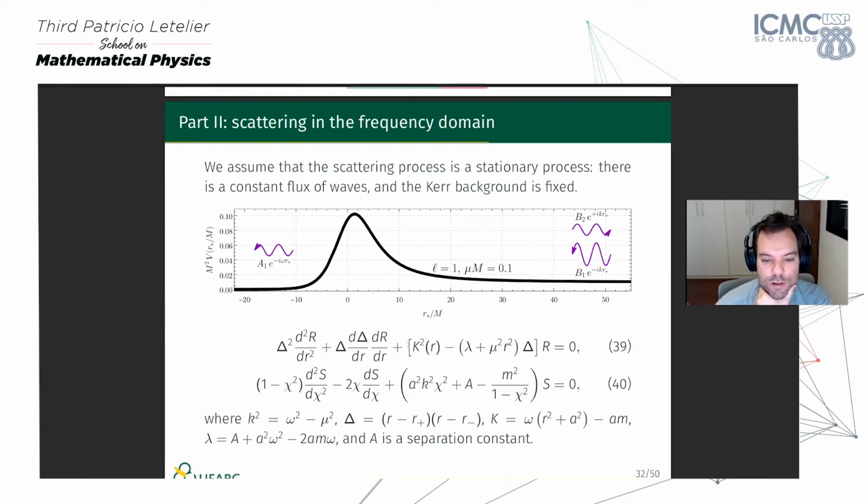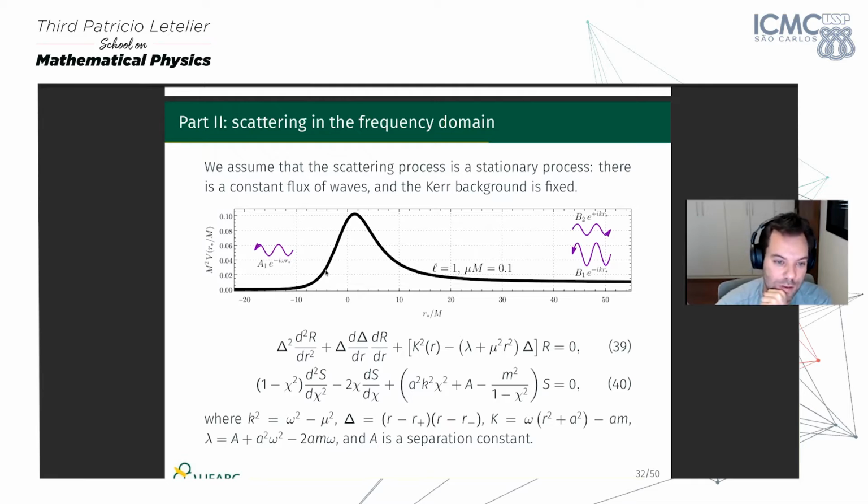And for the radial equation, you also need to impose boundary conditions, and basically the physical boundary condition we want to put here is that at the horizon there is only the ingoing wave.